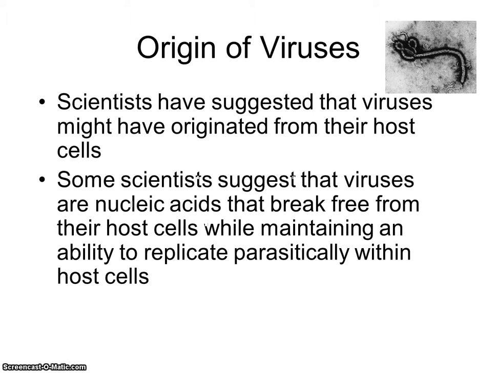So maybe some scientists think that it could have originated within living cells. So it could have maybe once been a living organism or a part of a living organism.